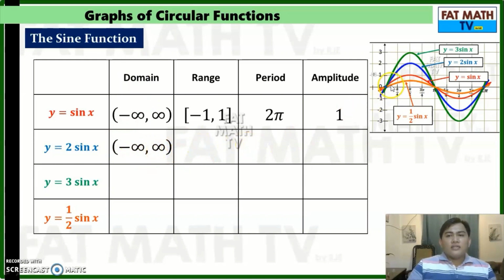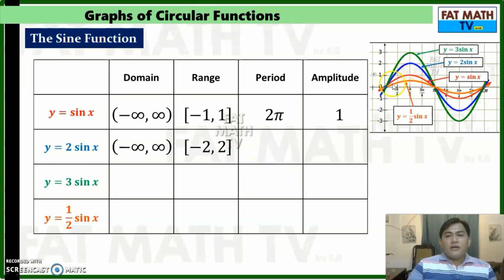But for the range, as you can see in the blue graph here, the maximum value is 2 and the minimum value is negative 2. So the range is now from negative 2 to positive 2, the closed interval from negative 2 to positive 2. Therefore, y can take any value from negative 2 to positive 2.